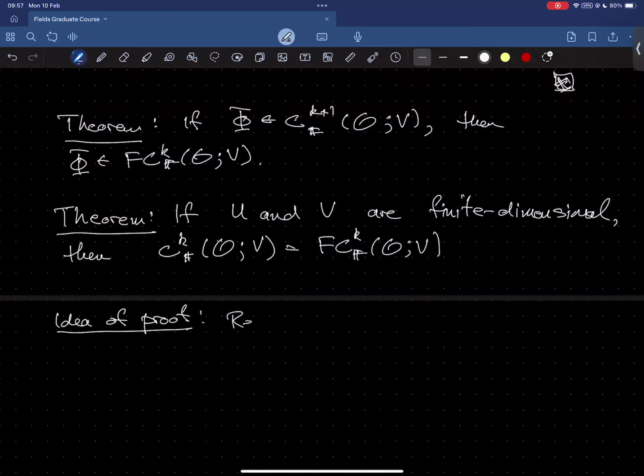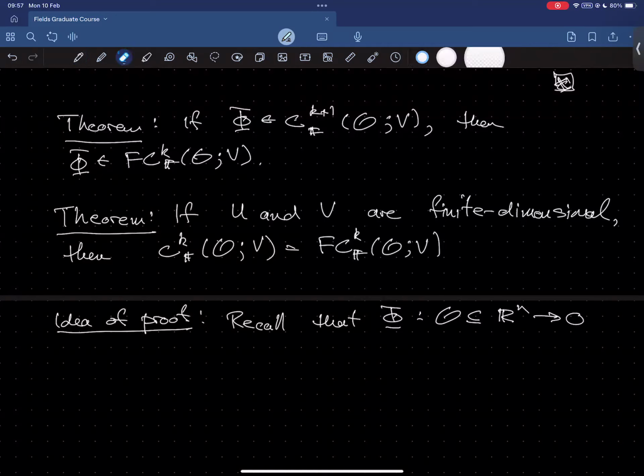So recall that phi from O subset of, let's say, Rn, just choose F equals R for simplicity, because that's the case, again, that you will be familiar with, is of class C^k. And again, I'm not sure if in your multivariable calculus course you did this for higher derivatives, but certainly you will have done this for first derivatives, okay? But it's true for higher derivatives.